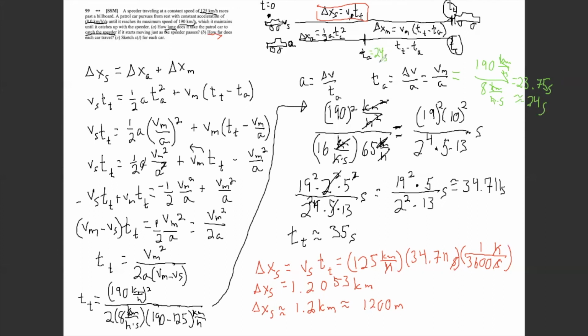About 24 seconds. And remember, the total time we found out was about 35 seconds. So the second interval is about 11 seconds, for a total time of about 35 seconds. Okay, so we could go ahead and make a graph.